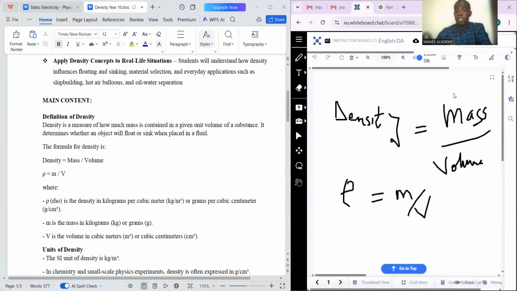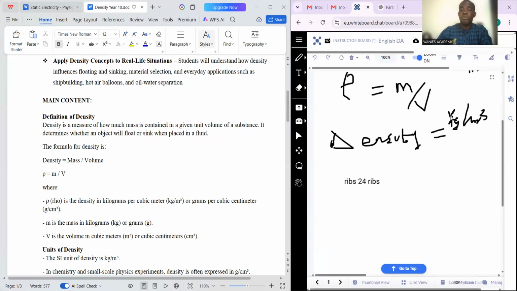The unit of density: because mass is measured in kilogram while volume is measured in meter cube, when you combine these two, the SI unit of density is kilogram per meter cube.